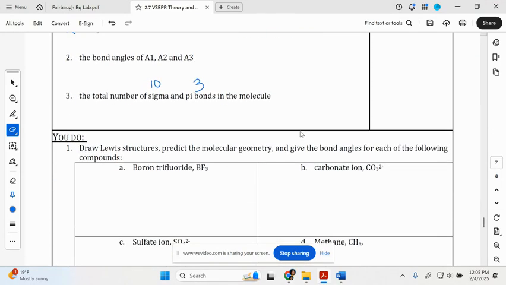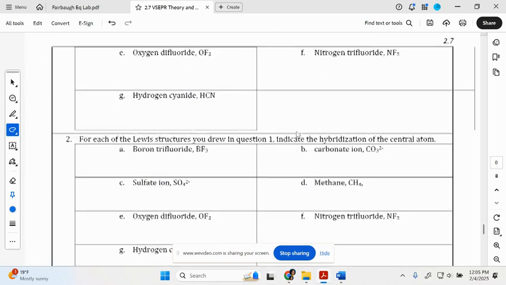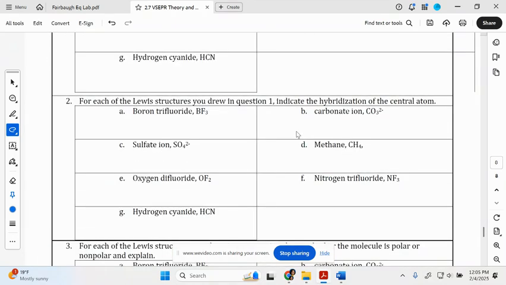All right. So you are going to finish the rest of this, but I'm going to make one change to your homework. You're going to find number 2 here, and you're going to get rid of the last part of this, and replace it with indicate the number of sigma bonds and pi bonds.